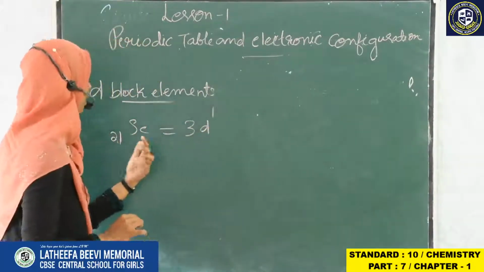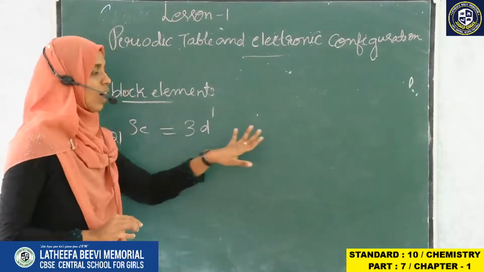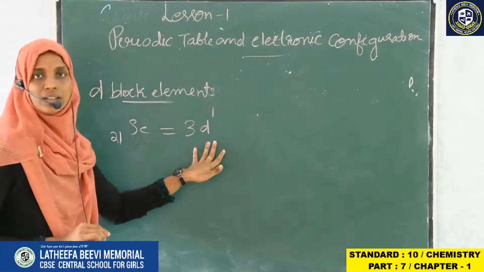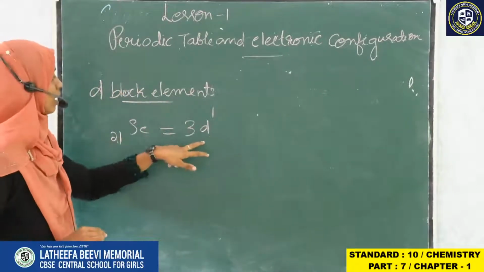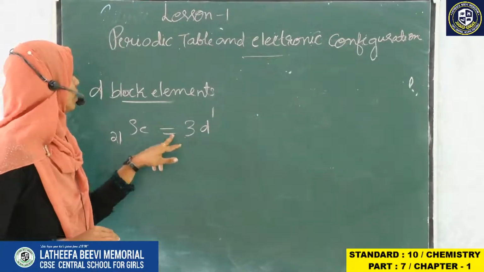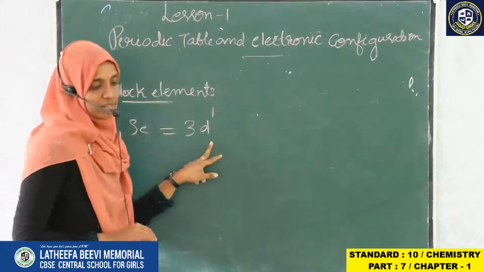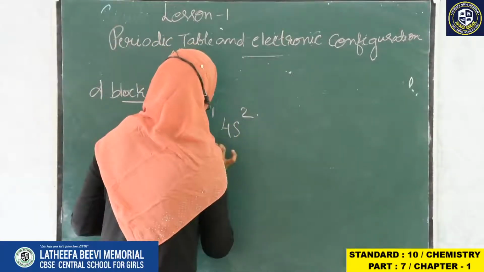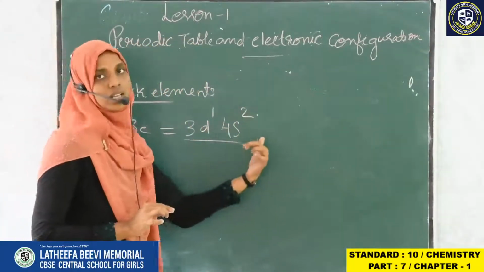I didn't write the electronic configuration in full. I only write the electronic configuration from the D block at the end. Okay. So for scandium the electronic configuration is 3d1 4s2. This is the last two subshells.